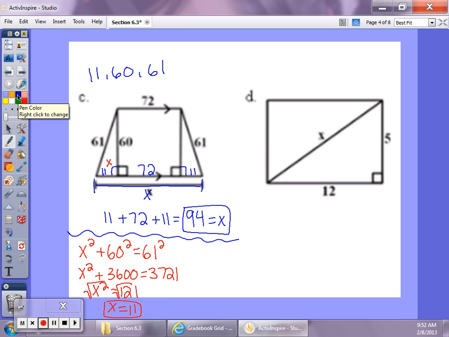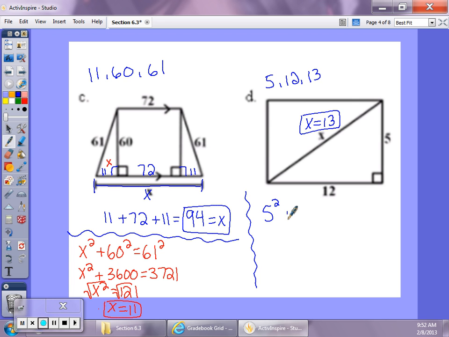For the last example, we're given a rectangle, and we have x as a diagonal. Okay, so again, if you remember that a 5, 12, 13 triangle makes a Pythagorean triple, you can quickly find the value of x. Okay, so as always, if you do not remember your Pythagorean triples, you can go ahead and set up your Pythagorean theorem.